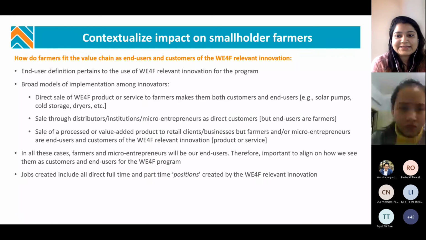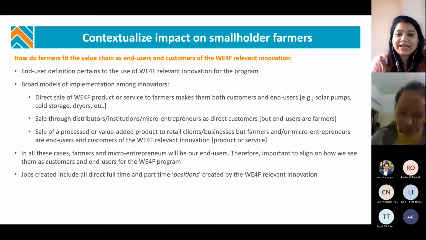And then finally, there could be another model where your farmers or micro entrepreneurs are using the innovation to have a new product, like a processed food or a value addition to a certain commodity, which is being sold to, say, a retail client or a different business.